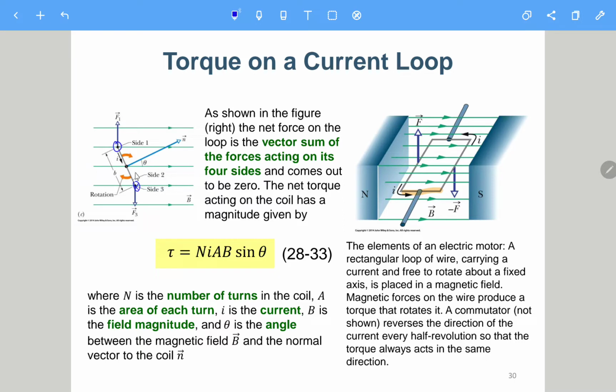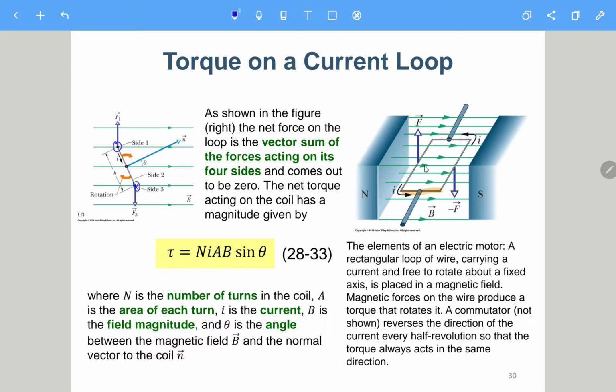So now we can consider what is the force acting on it. This is pointing out of the page. L is pointing out of the page. B is pointing to the right side.